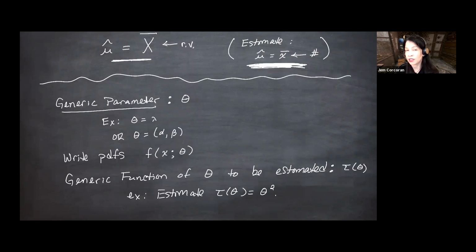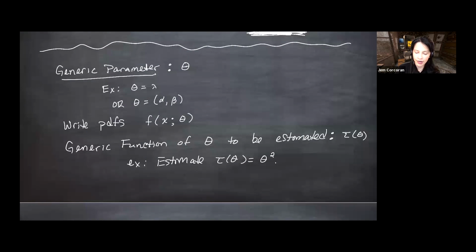Again, the really obvious thing to do is take your estimator of theta and square it, but that may not be the best thing to do. But we're going to use a tau of theta to denote a generic function. And so we're going to estimate it with tau of theta hat. And that is a random variable, and it may or may not equal tau of theta hat.